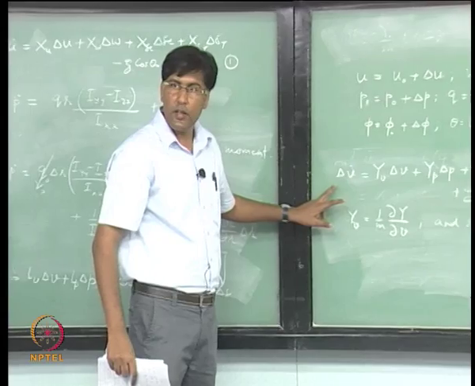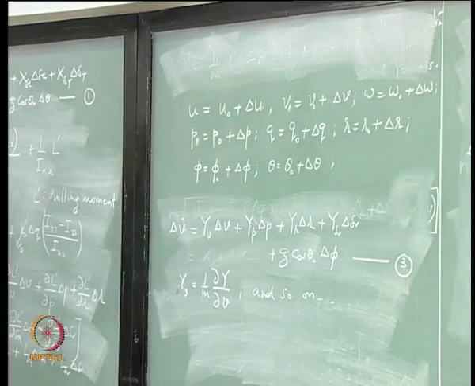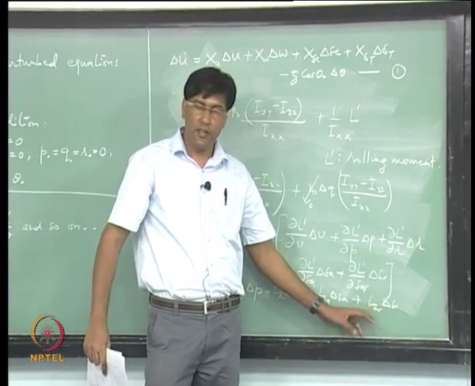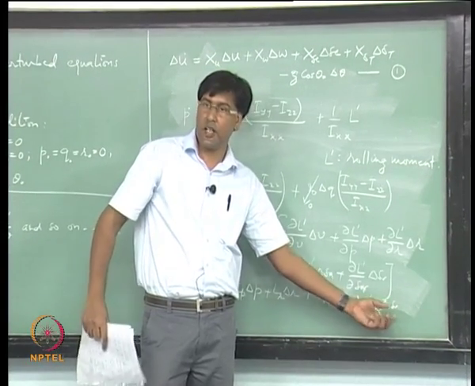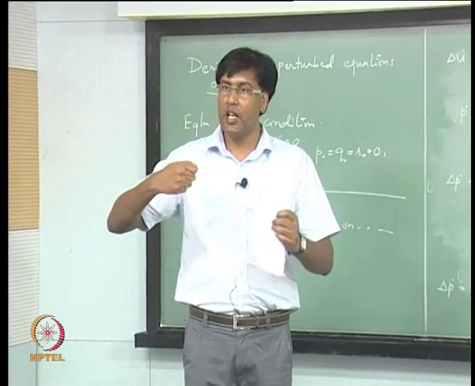Here, this is L delta R delta delta R. Remember we are talking about perturbations from the equilibrium condition.